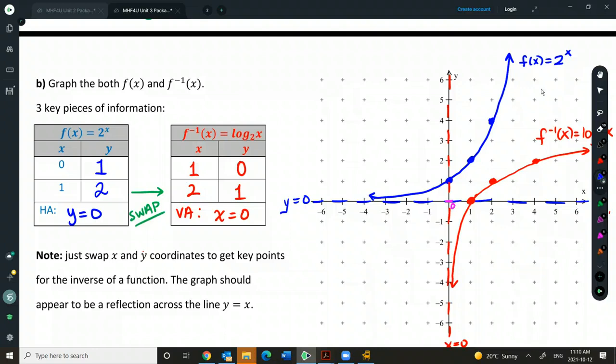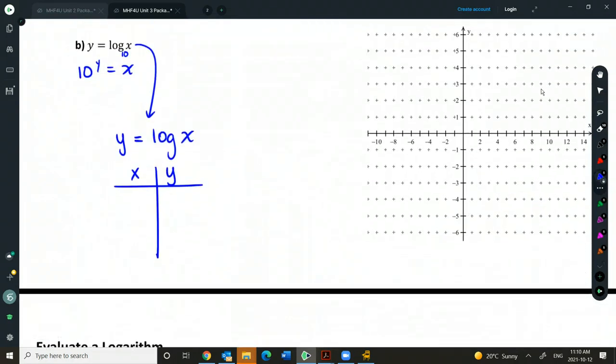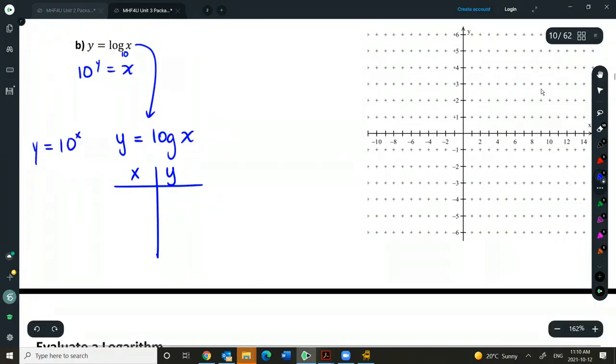So when we were graphing the exponential version of this, we put 2 to the exponent 1, and we got back 2. If I were graphing the original version of log base 10 of x, I would be graphing the function y equals 10 to the x. If I choose 0 and 1 for x, I plug in 0 here, I get 1.